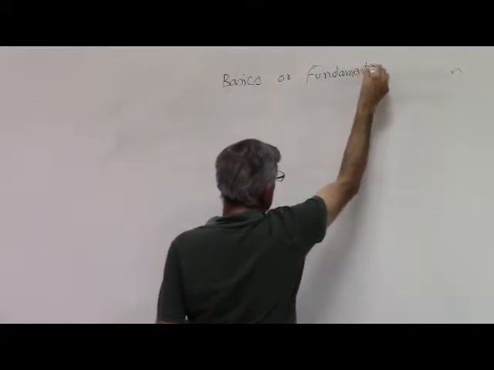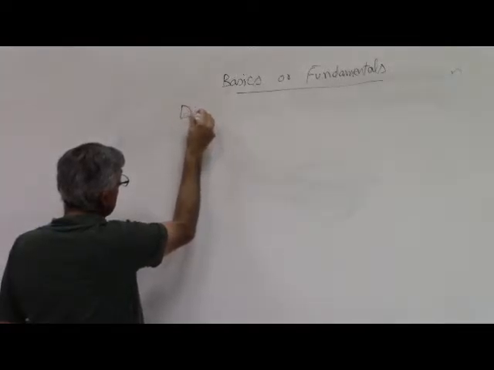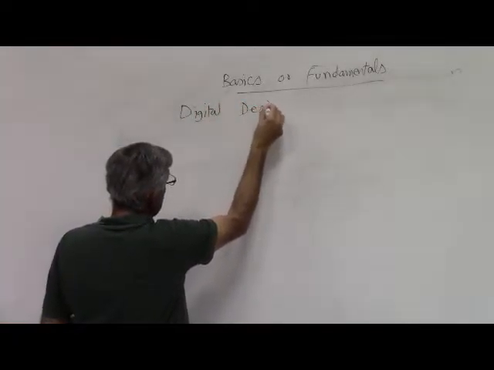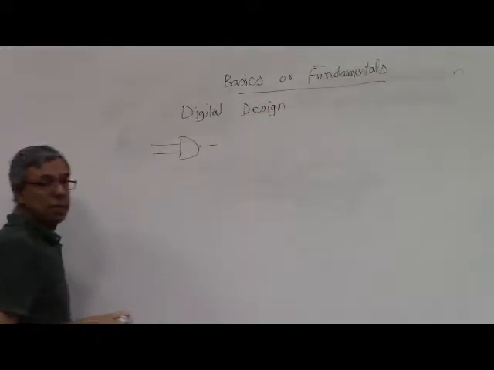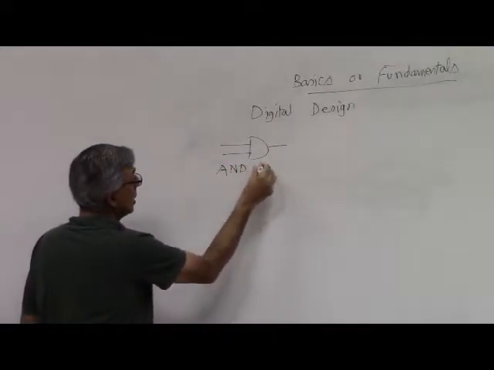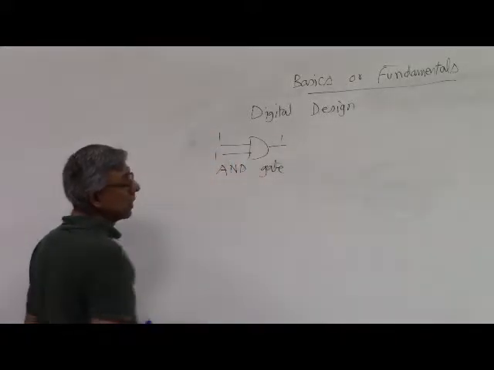All of you, I know, have taken a digital design course sometime in your undergraduate work, where hopefully you remember things like this. For example, this is an AND gate, right? And how does it work? Very simple. If both inputs are 1, the output is a 1.